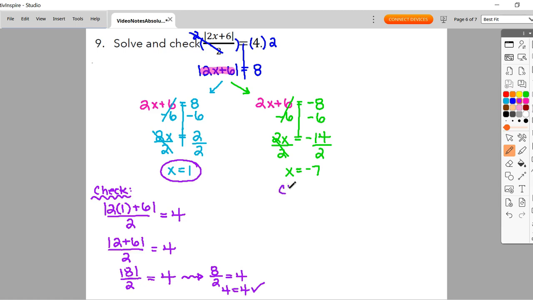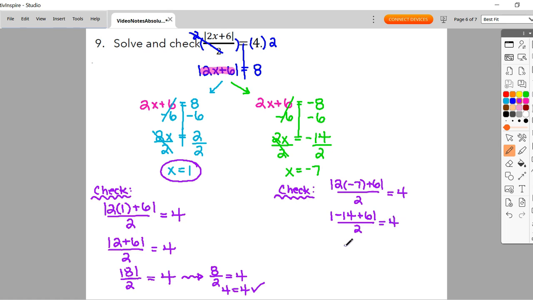We check our x equals negative 7 to see again if that is a true solution. Plugging in the x everywhere you have an x variable in your original problem. Again, PEMDAS tells me to do the multiplication inside my absolute value first.